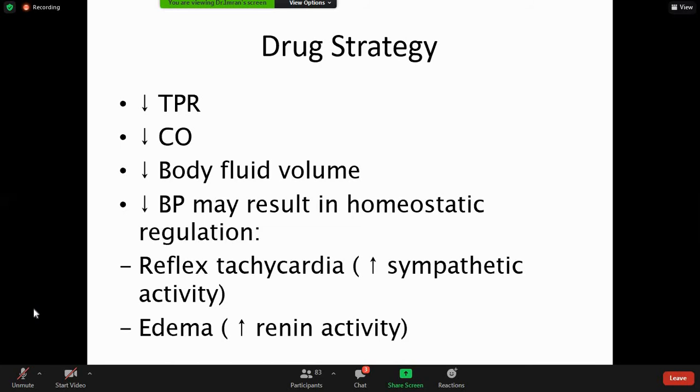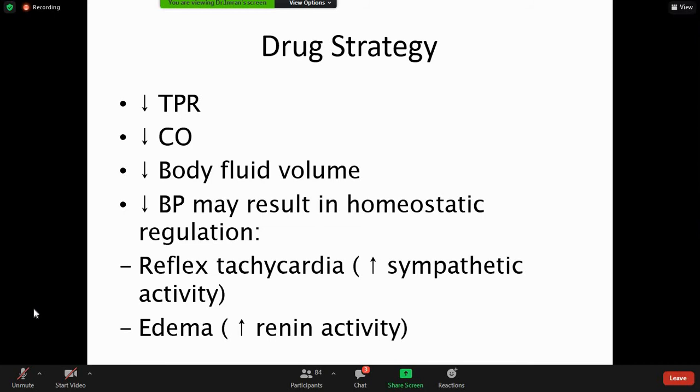So reflexly, they try to increase the blood pressure again. That is why the word is reflex, in response to decreased blood pressure. So reflex tachycardia occurs due to increased sympathetic activity, to counterbalance this low blood pressure.